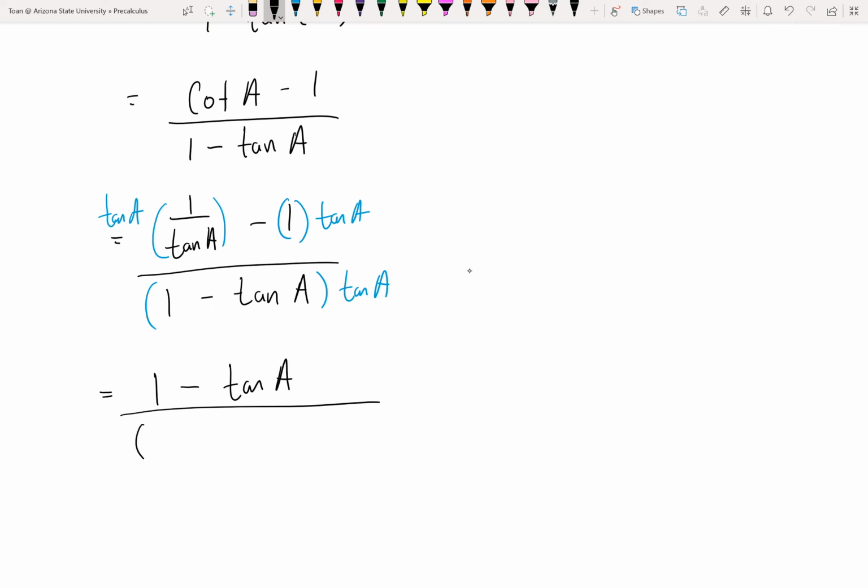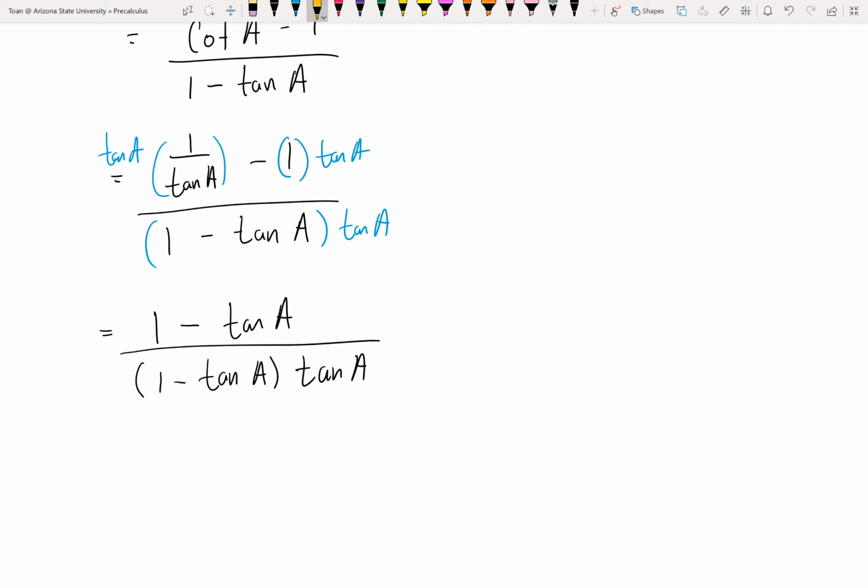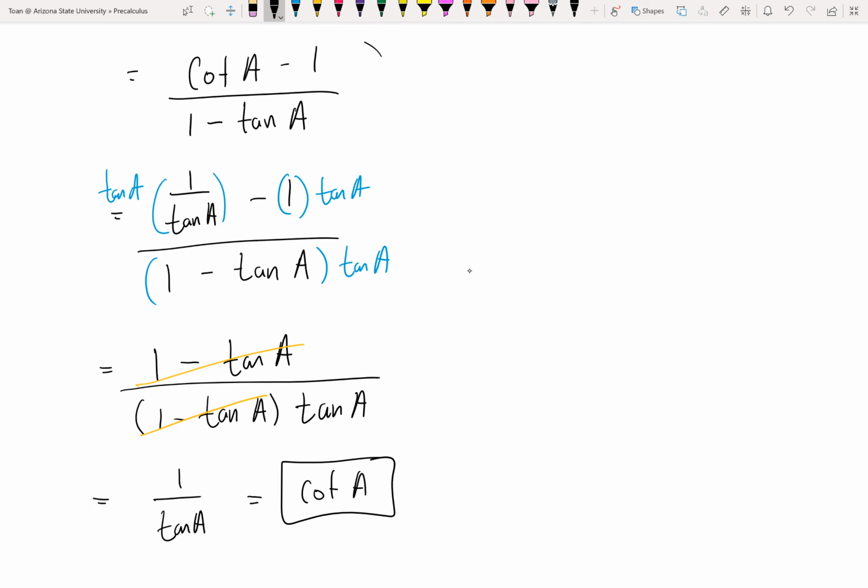It's just a weird algebra thing that the denominators, you typically leave in factored form because 9 out of 10 times things will cancel. So we can see here that the 1 minus tangents will cancel, leaving behind a 1 over tangent, which of course we know is cotangent. Right? So this ugly looking fraction simplifies to a simple cotangent.